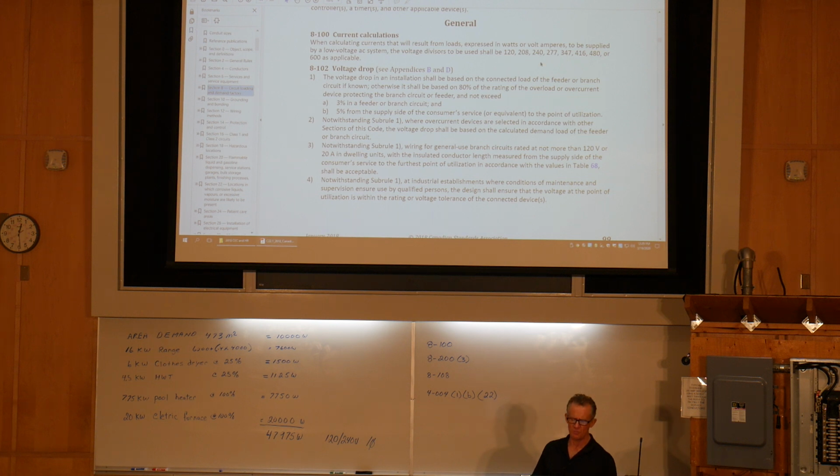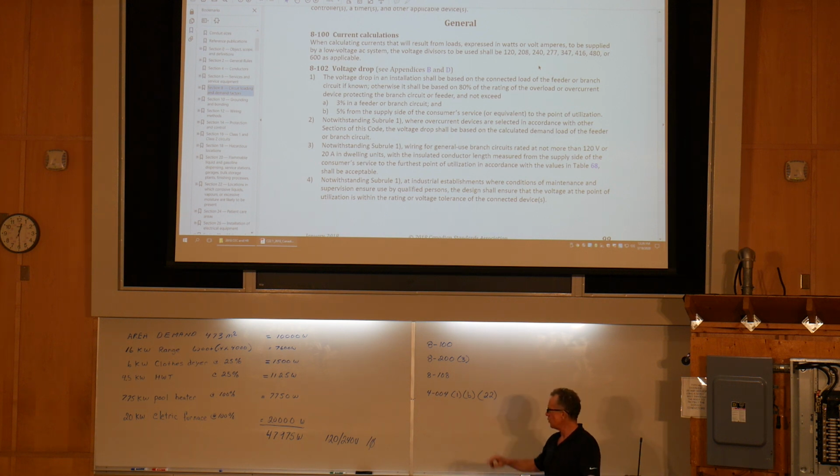On a lot of equipment, you'll see something like 125, 250 volt, etc. This is the rule that tells us what numbers to use as voltage divisors throughout the whole code book. It's just a rule you have to be aware of, and after a while, you don't really come back and reference it at all.